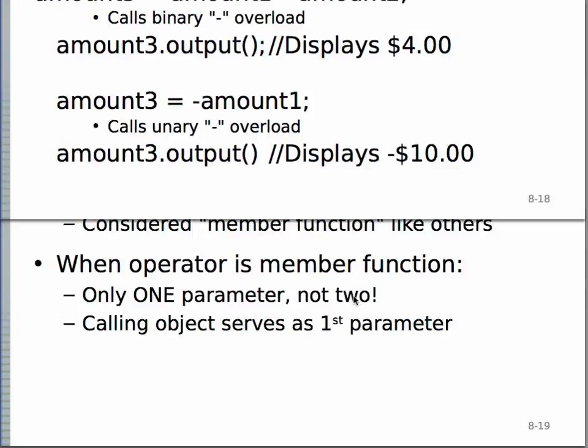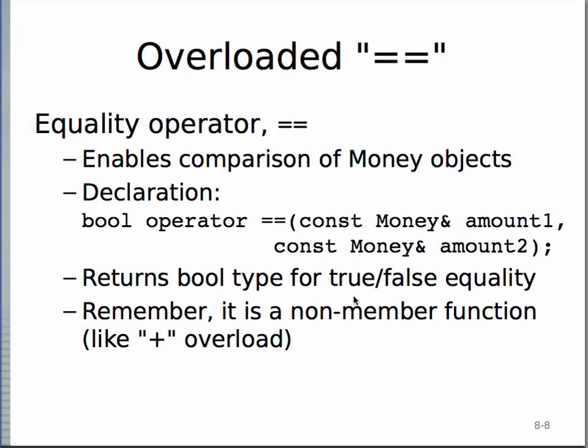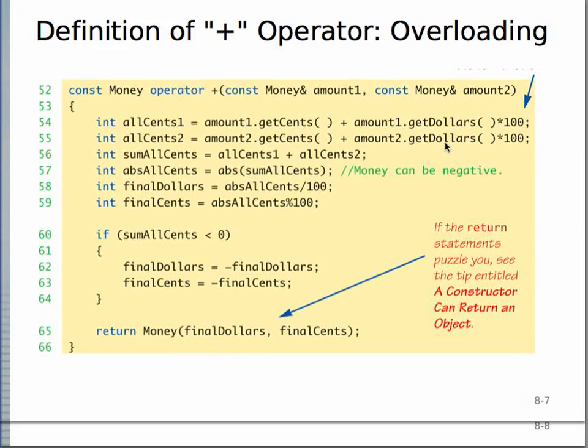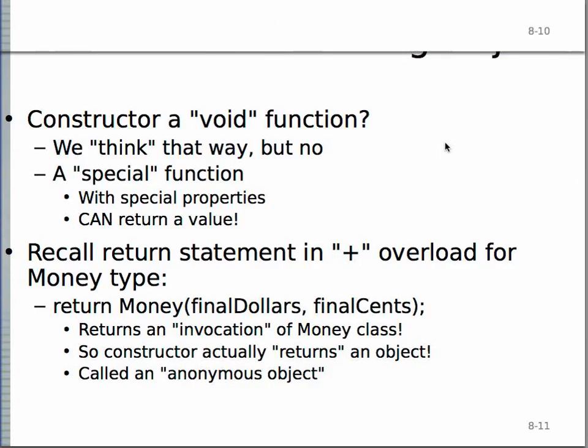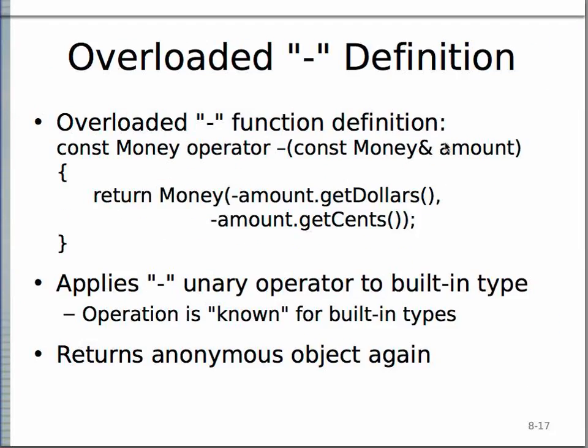So I'm going to scroll way back to when we looked at the money standalone plus operator. There's a whole lot of get methods. And so this is inefficient. Anytime you have to call a function or a method or a member function, that's going to be less efficient than just accessing the data members directly.